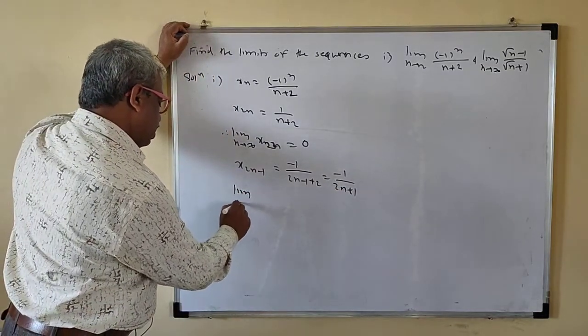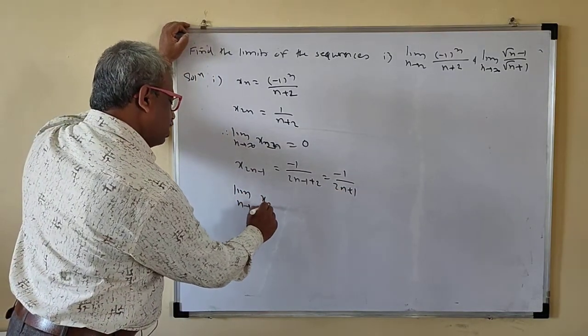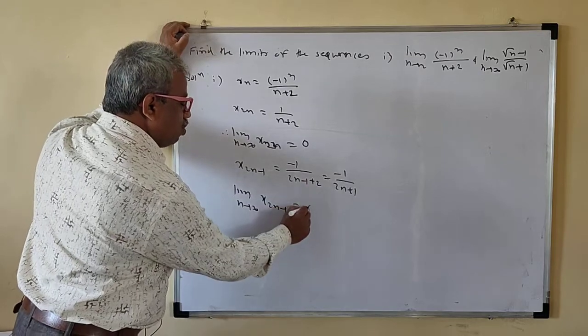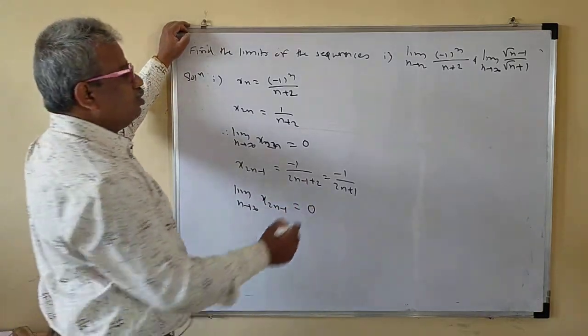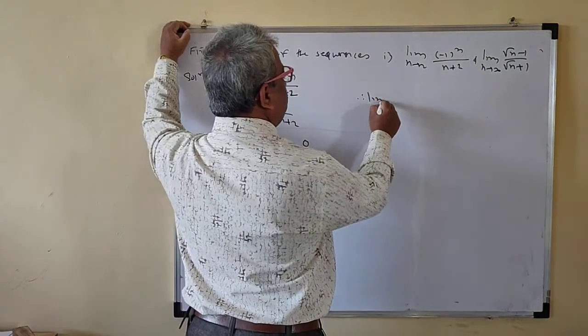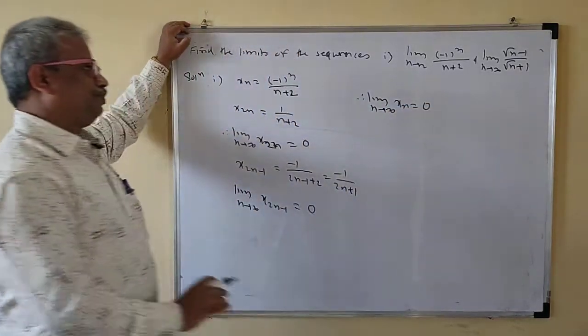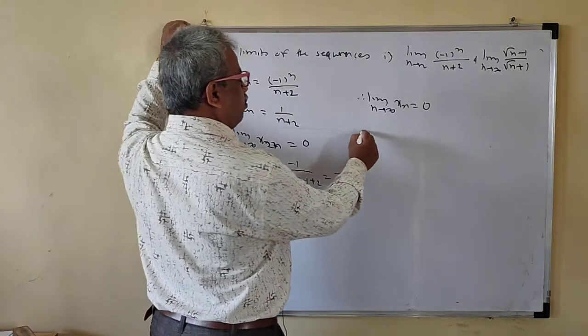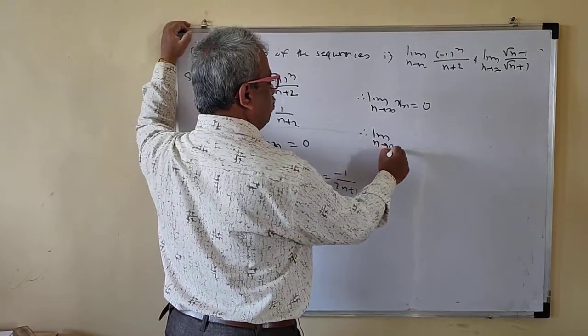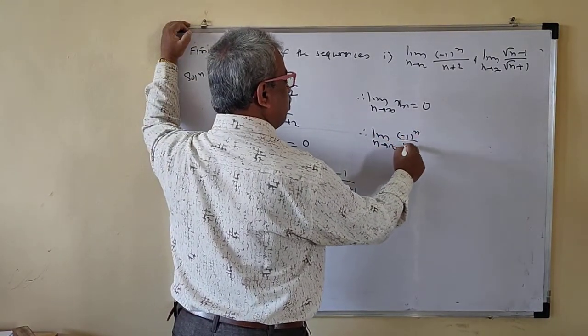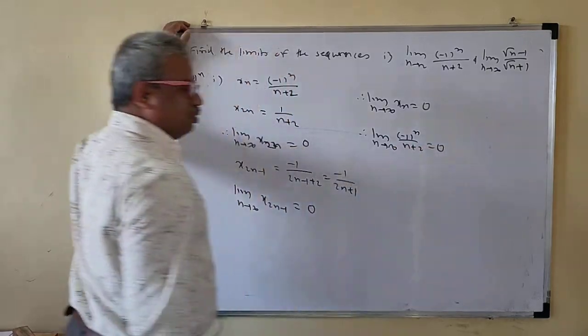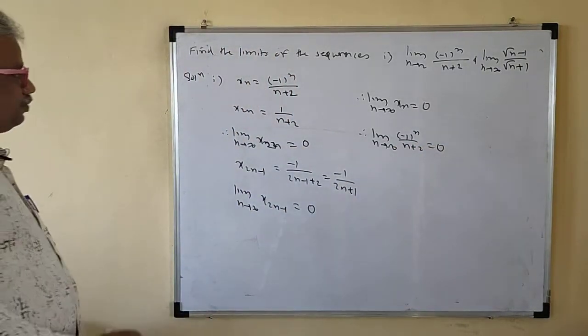So limit n tends to infinity x twice n minus 1 is also 0. Therefore limit n tends to infinity xn is equal to 0. That is, limit n tends to infinity minus 1 raised to n upon n plus 2 is equal to 0. You may write this.